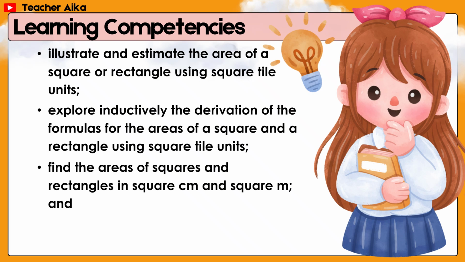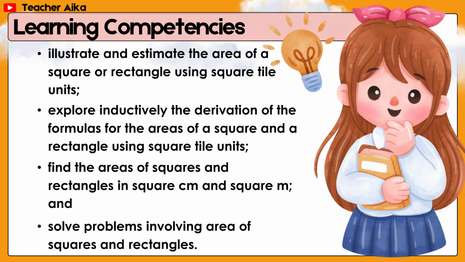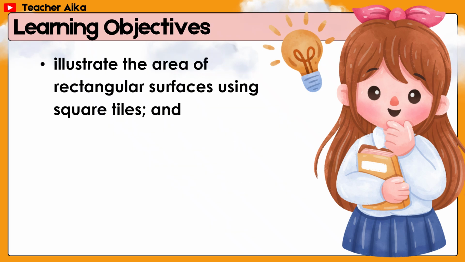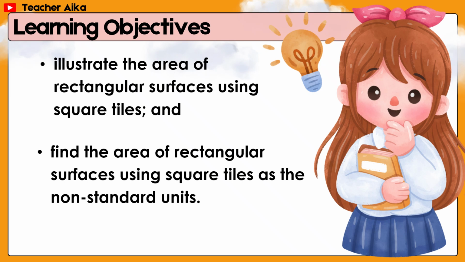Find the areas of squares and rectangles in square centimeters and square meters and solve problems involving area of squares and rectangles. Learning objectives. Illustrate the area of rectangular surfaces using square tiles and find the area of rectangular surfaces using square tiles as the non-standard units.